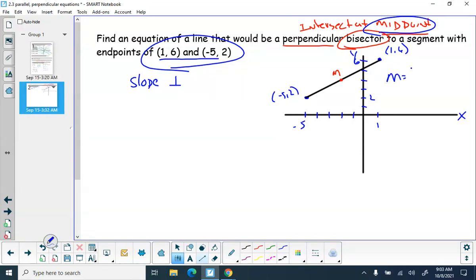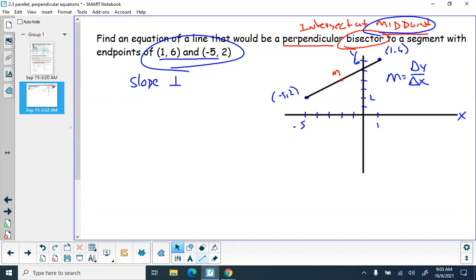Our slope is determined by delta y over delta x. So you have to find your midpoint first, then find the slope of the original segment, and then go perpendicular to that slope. How we calculate slope, once again, is delta y over delta x.